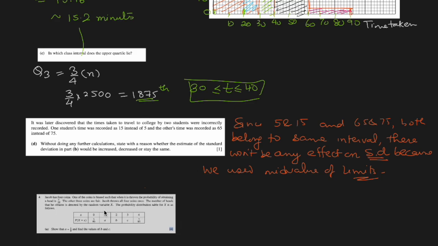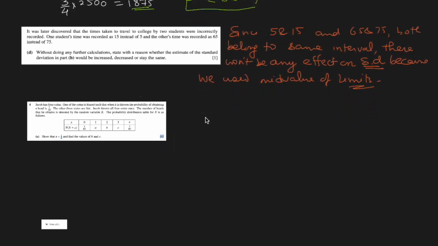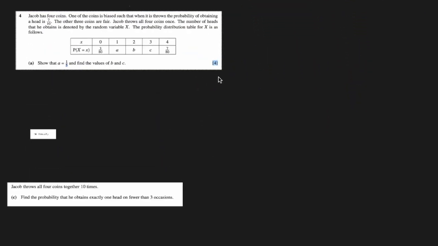Okay, next question: Jacob has 4 coins. One of the coins is biased such that when it is thrown, the probability of obtaining a head is 7/10. So let me try to draw a tree diagram here.